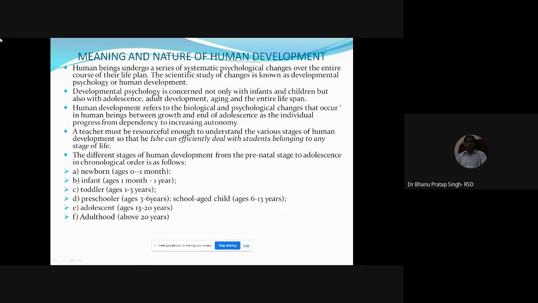Basically, it is the development of humans at various stages, and that we covered in previous sessions. So there are many things.